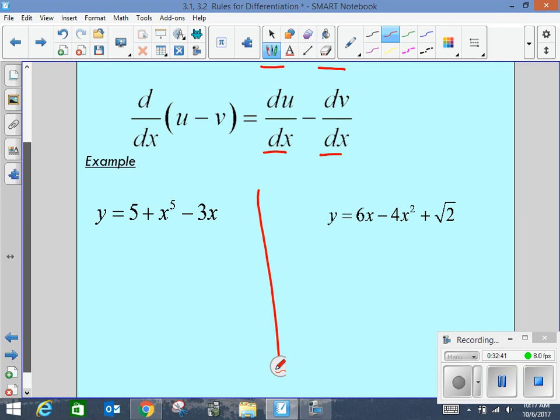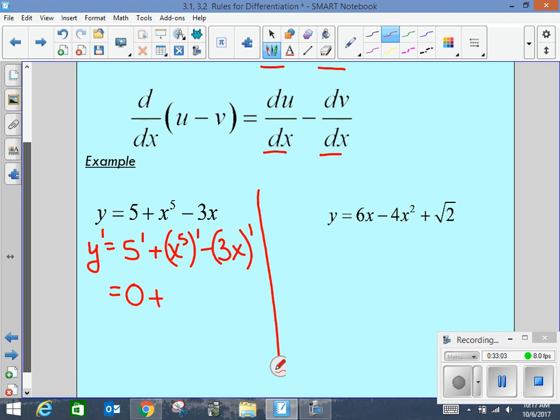Okay, y prime. So I'm going to take f prime, x to the 5th prime, and 3x prime. I'm going to do them all individually and then add them together. All right, so what's the derivative of 5? 0, because it's a constant.